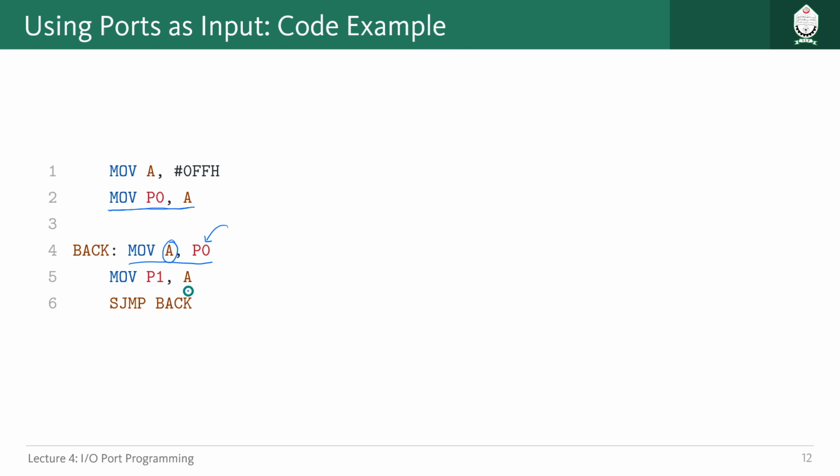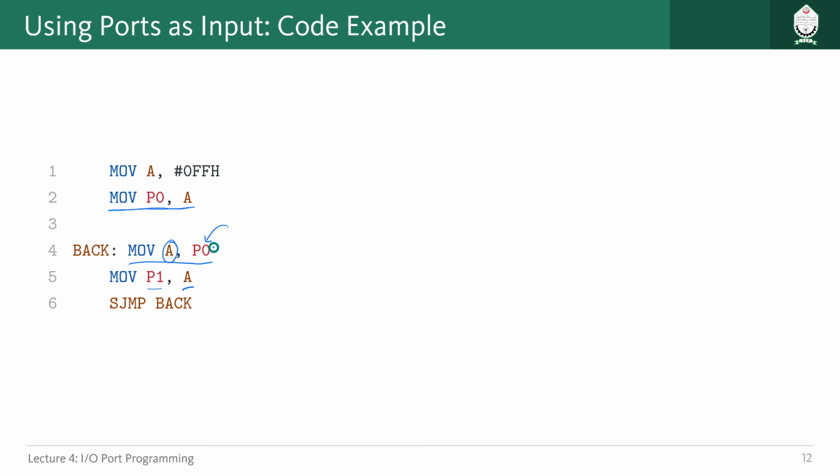We can also do another thing: whatever signal we are getting as input onto our port 0, we can write that onto port 1, right? That is what we have done here.